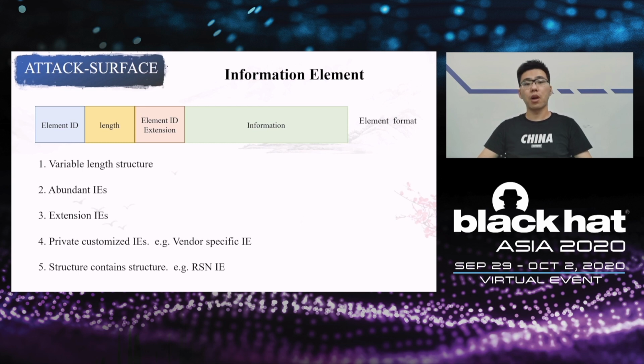Second, there are more than 200 kinds of information elements. An information element carries a kind of information. It must be a lot of effort for coders to implement these functions. It's because of the abundant information elements that Wi-Fi boasts such rich features and functions, which also expand its attack surface.